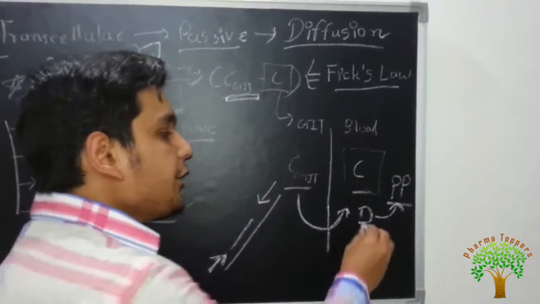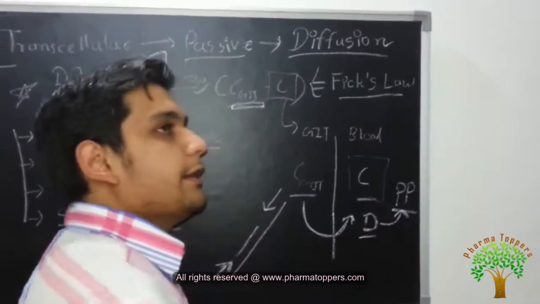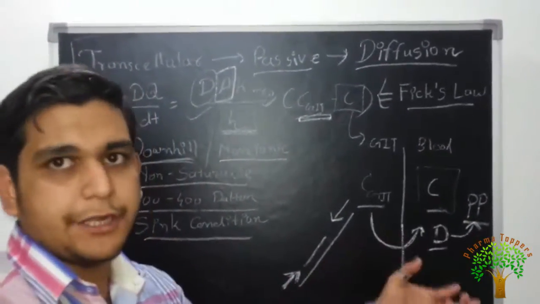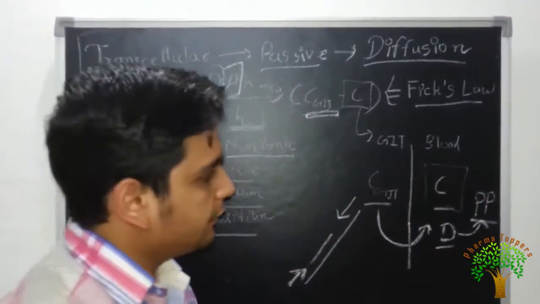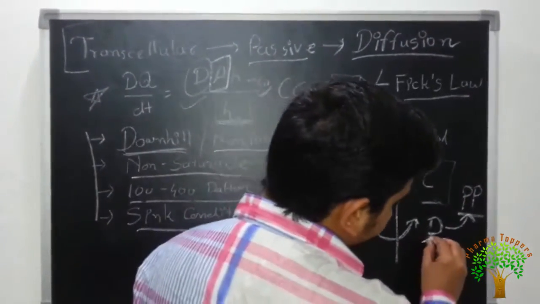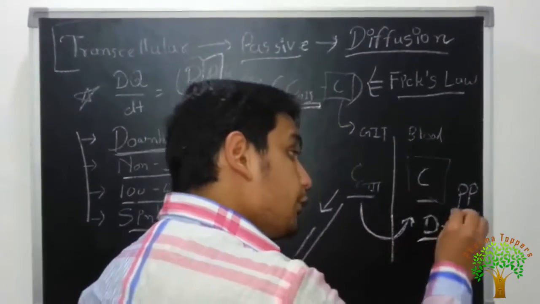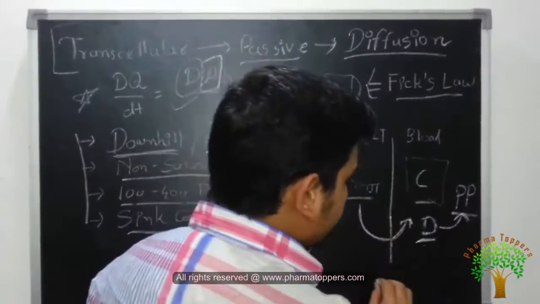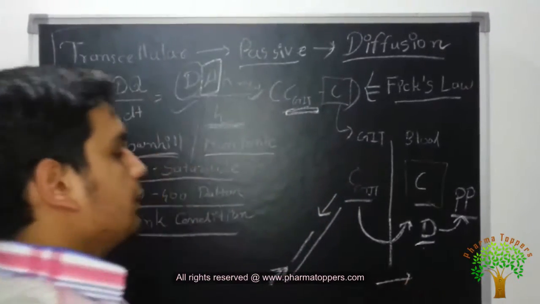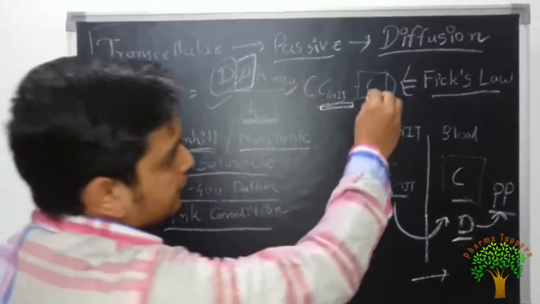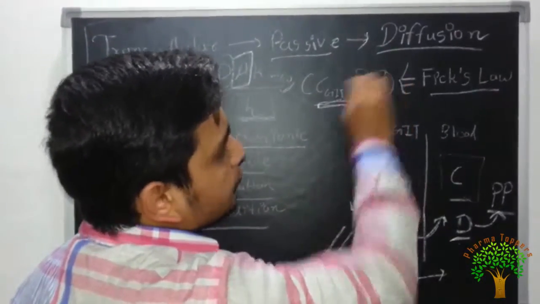And mainly the affinity of the drug molecule to the plasma protein is based on its lipophilicity. The higher the lipophilicity, the higher the affinity toward the plasma proteins. So here the drug molecule will bind to plasma protein, and due to this process continuous sink condition will be maintained, and due to this sink condition I can consider that this part is continuously zero.